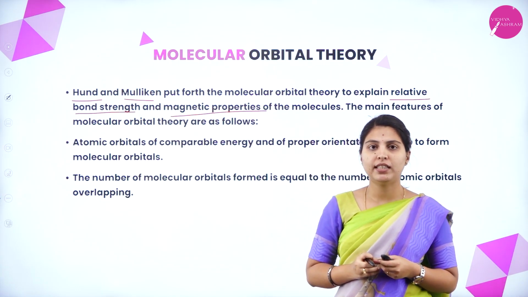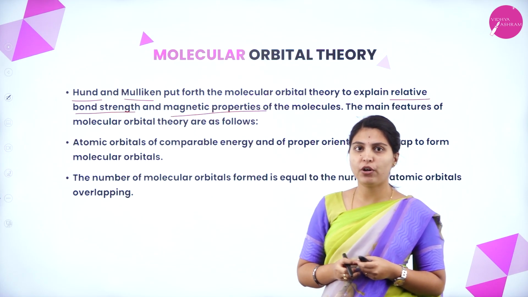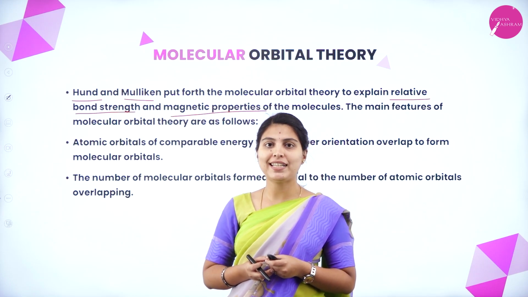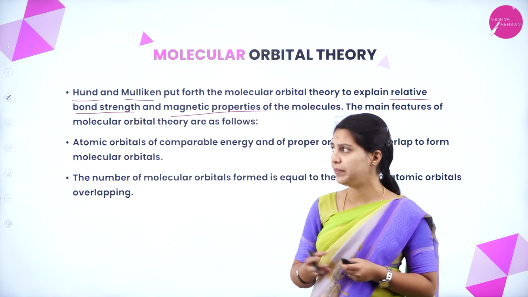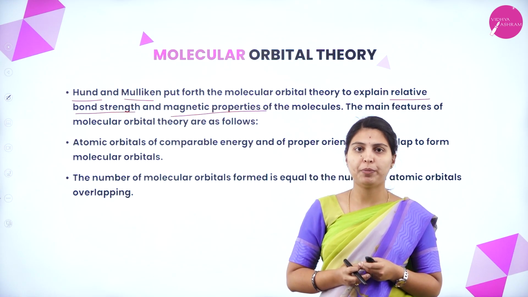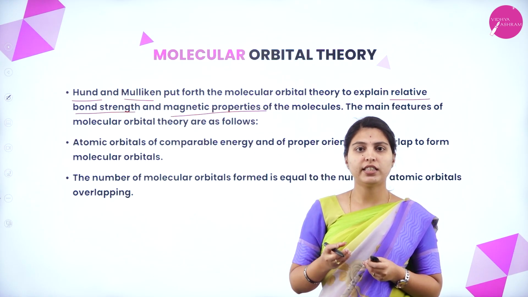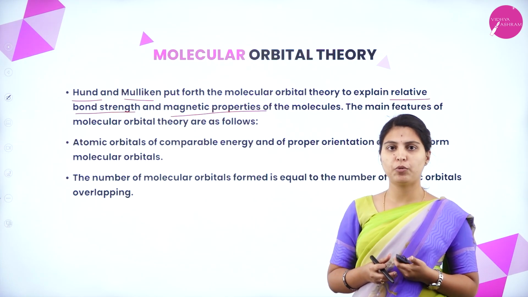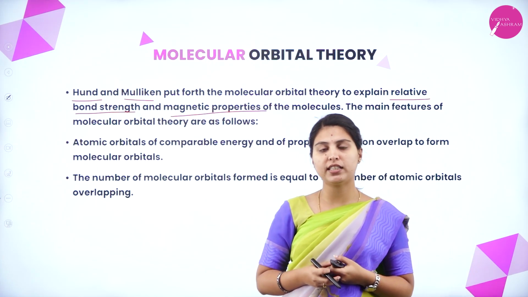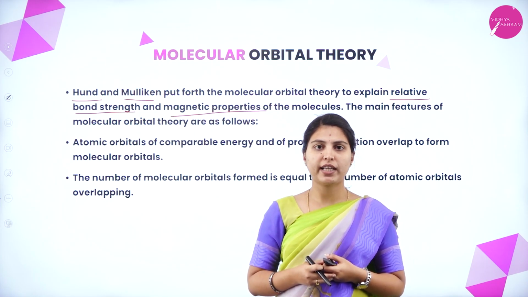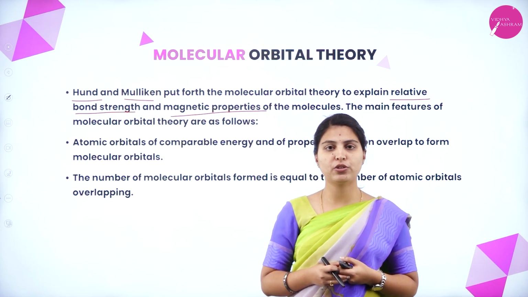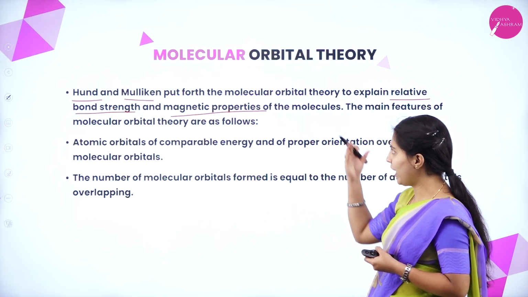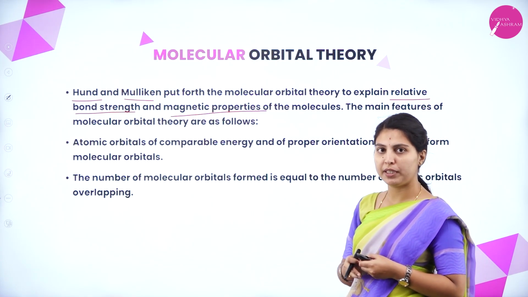These are the two major features of molecules. We have to understand bond strength, because on the concept of bond strength only, the stability of the molecule can be explained, and the magnetic property is also a major characteristic. To understand these two properties, they put forth the molecular orbital theory.